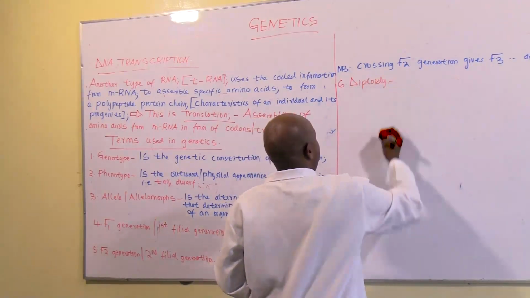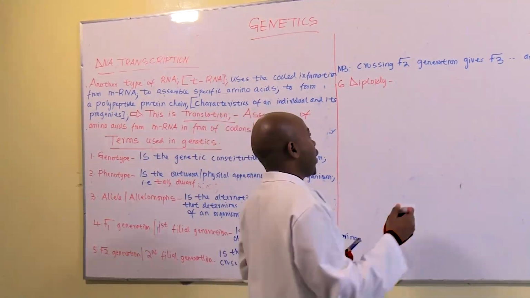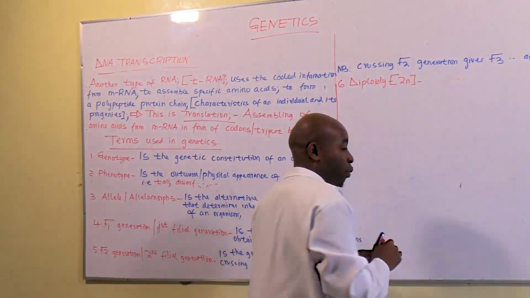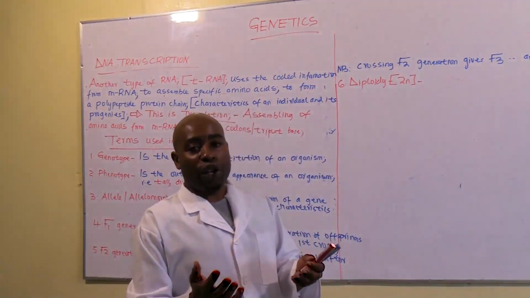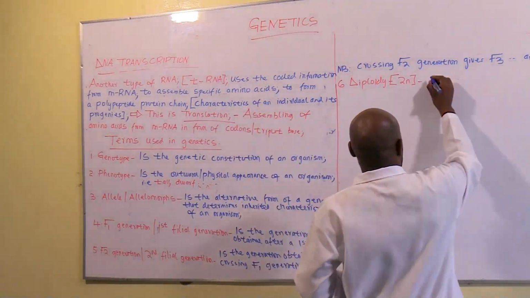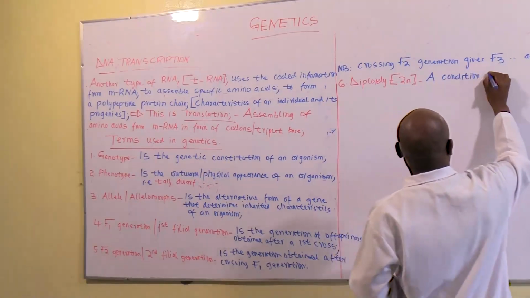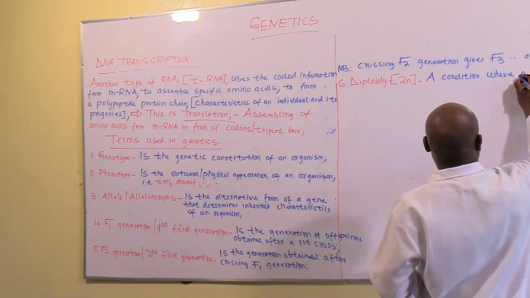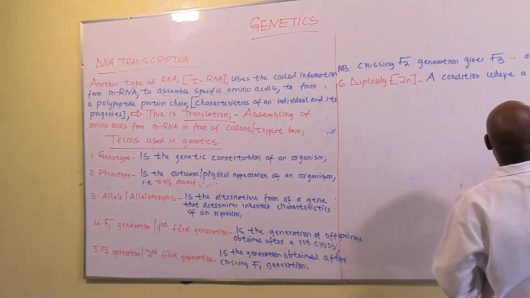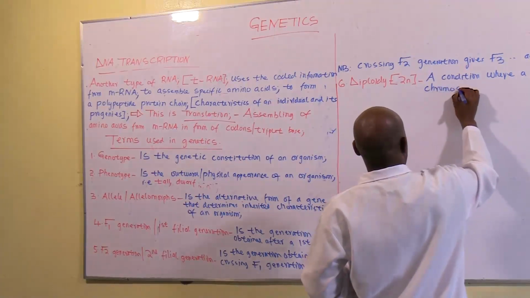Diploidy. So diploidy, this is normally abbreviated as 2N. So what is diploidy, students? Diploidy is a condition where a cell has 2 sets of chromosomes.